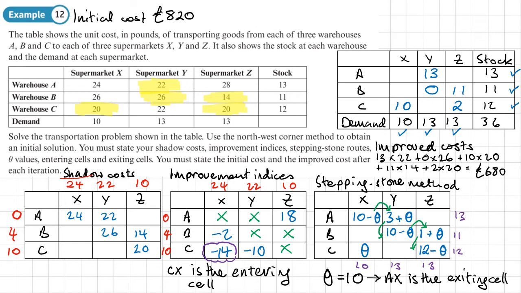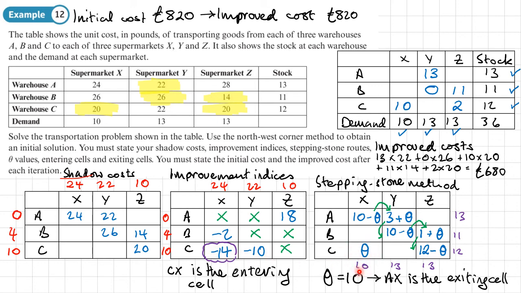Now a quicker way of working out our improved cost is to take our previous cost, which was 820, and we add, or it's always going to be minusing, the improvement index. That's this one, the lowest improvement index where we chose to put theta, times theta.